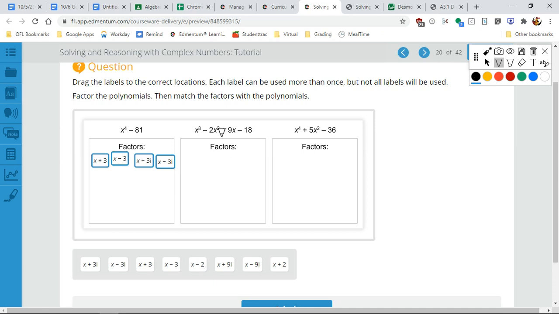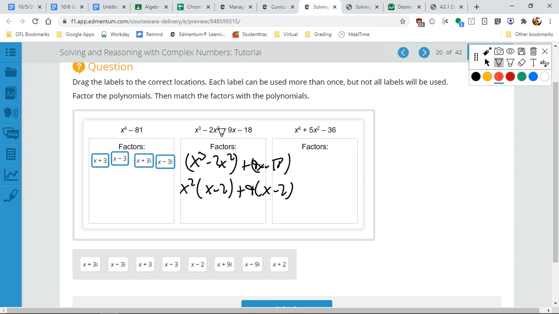So if I want to factor this by grouping, I would do x cubed minus 2x squared. That's a group. Plus 9x minus 18. This is a group. I can take out an x squared, and get x minus 2. For these two, I can take out a 9, because 9 goes into 9 and 18, and I get x minus 2.